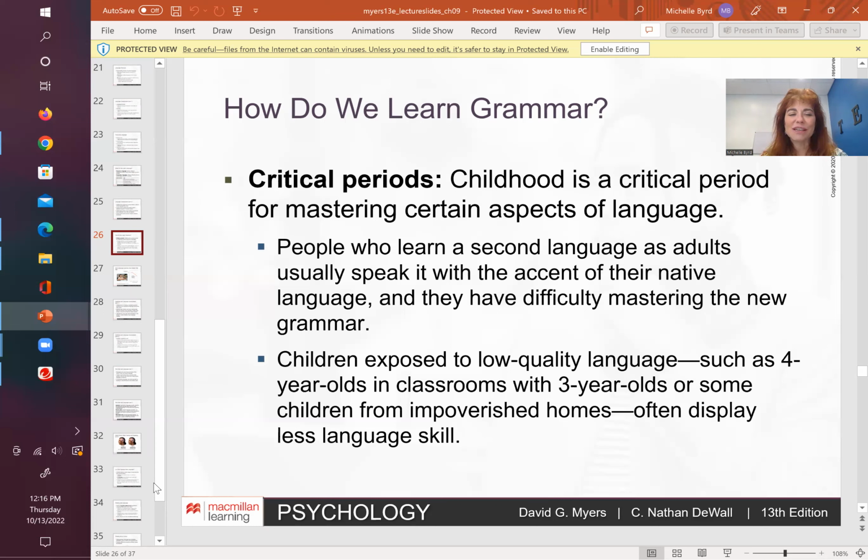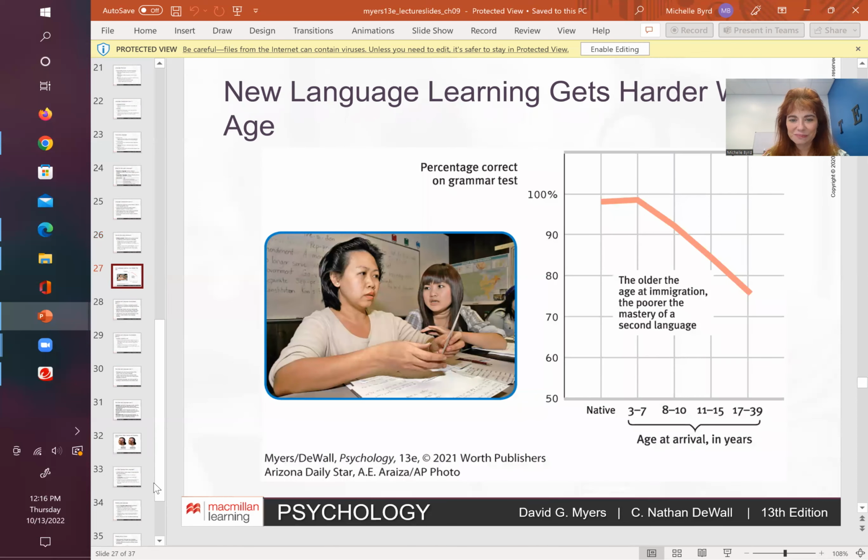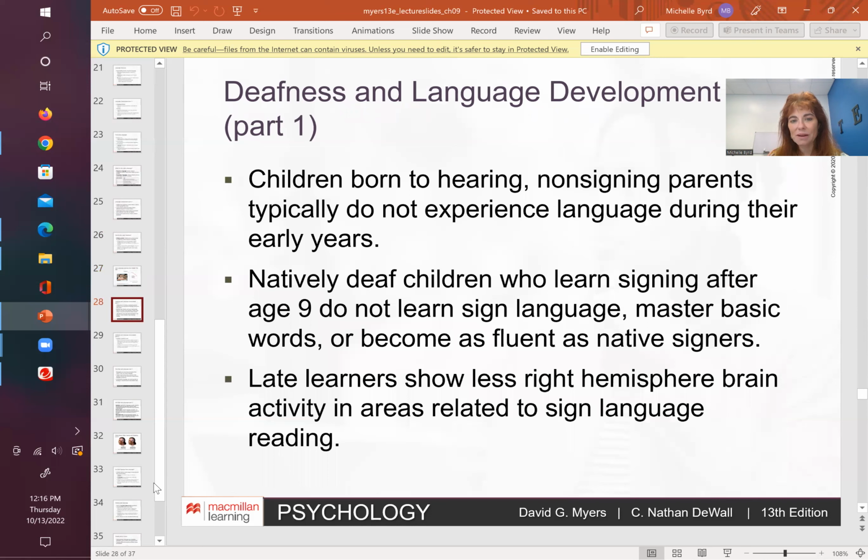So it's very interesting how plastic our brains are the younger that we are, and we're able to really get more in during those critical periods. So new language learning gets harder as we age, and that's basically what I was talking about.